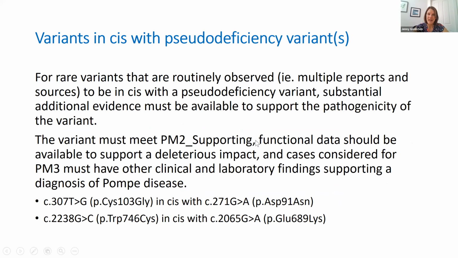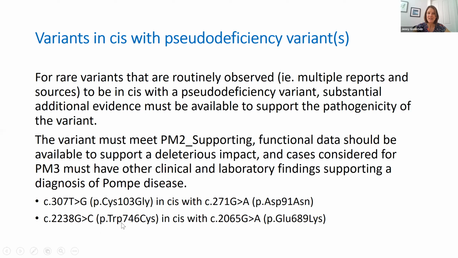And we would never apply PP4 if the only piece of evidence was enzyme deficiency and the patient has pseudodeficiency variants, because you just can't use that as evidence. You don't know what's creating the enzyme deficiency. So there are some pretty well characterized pathogenic variants that are often seen in cis with these pseudodeficiencies.